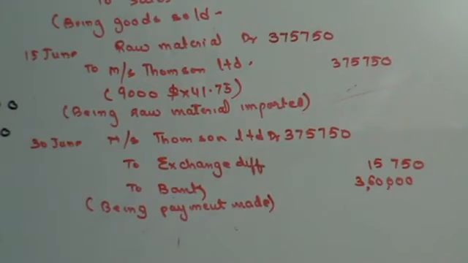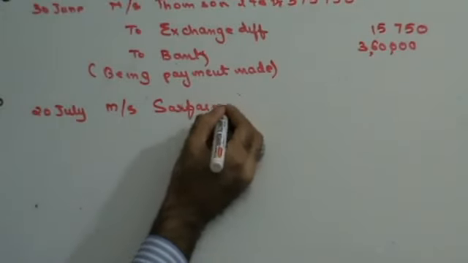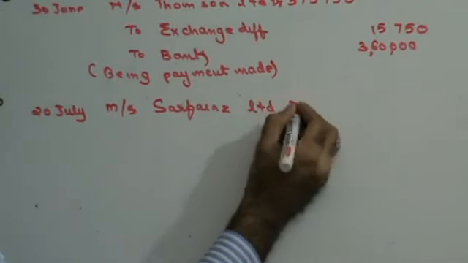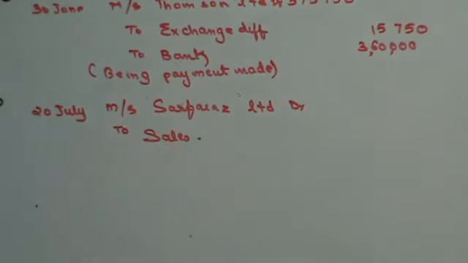Next, on 20th July, goods worth $5,000 were exported to Messrs. Sarfaraz Limited of Pakistan. On which date? 20th July. Exported, debit the receiver, Messrs. Sarfaraz Limited, debit to sales. Okay.